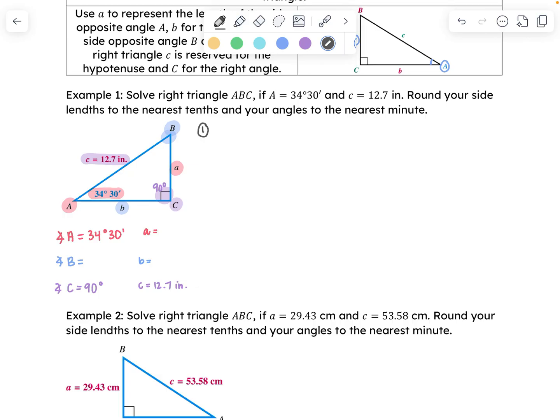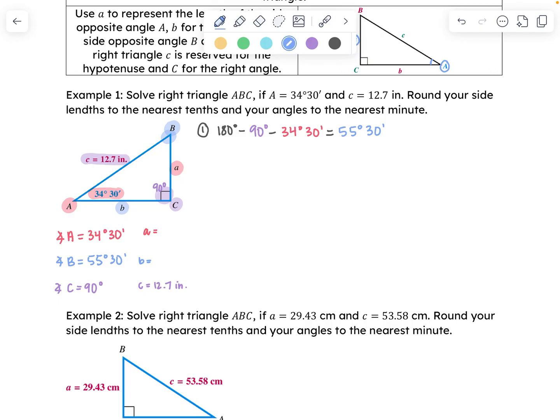So the first thing I'm going to do is find angle B. I'm going to do 180 degrees minus the 90 degrees for angle C minus my 34 degrees and 30 minutes for angle A. When I do that, that's going to give me angle B, which is 55 degrees and 30 minutes. So now I have all my angles, and I just need to try and find the sides that I'm missing.